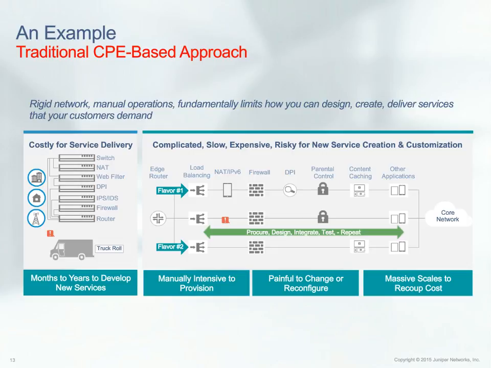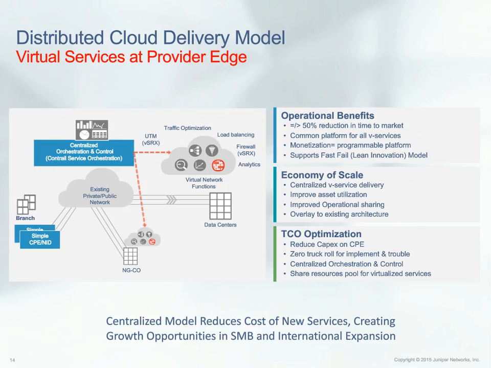So let's use this as an illustration of how a distributed cloud leveraging SDN and NFV technologies could benefit this specific application. We'll use this as an illustration and a couple others as well. What we're really seeing now, and I know many of you have probably seen the trends around this, is the virtual CPE, what Juniper calls cloud CPE, a way to deliver those CPE-based services in a centralized model.